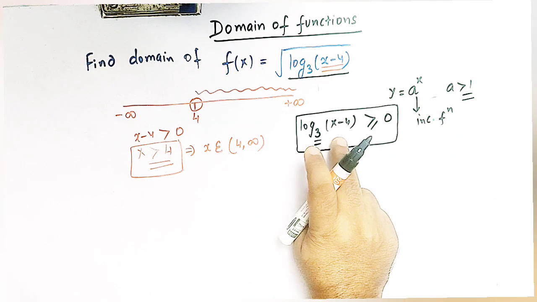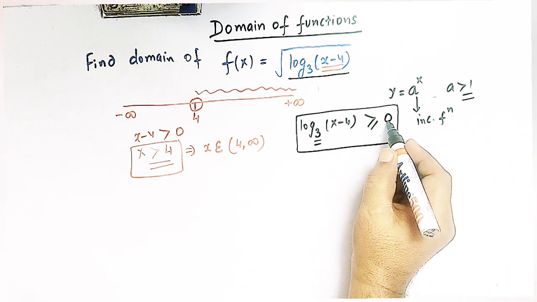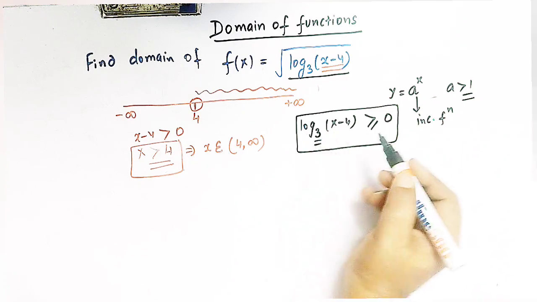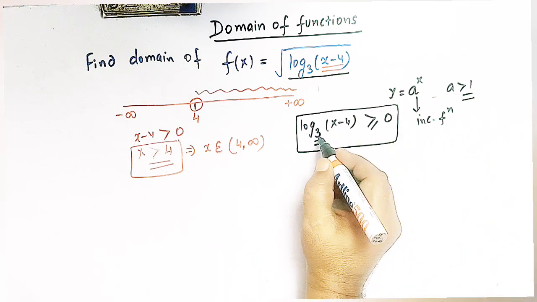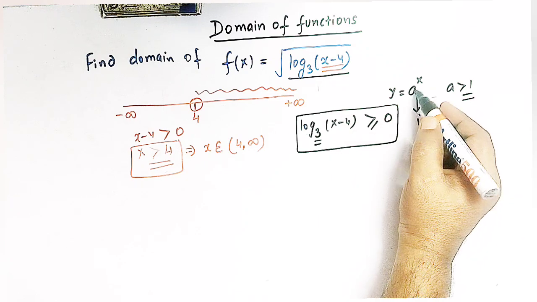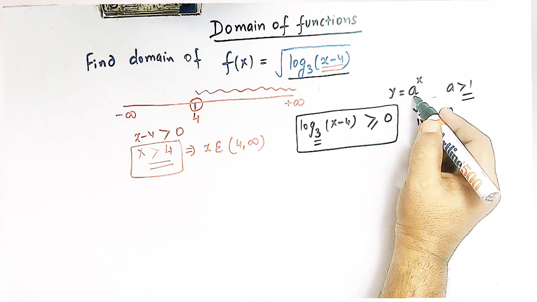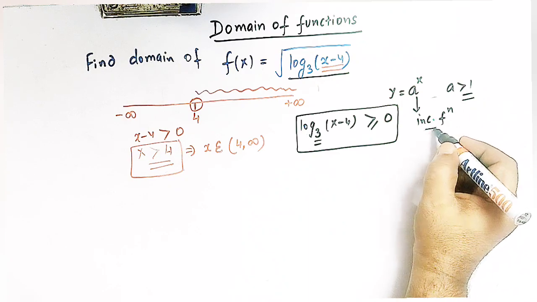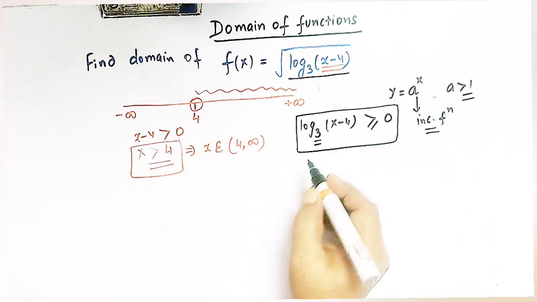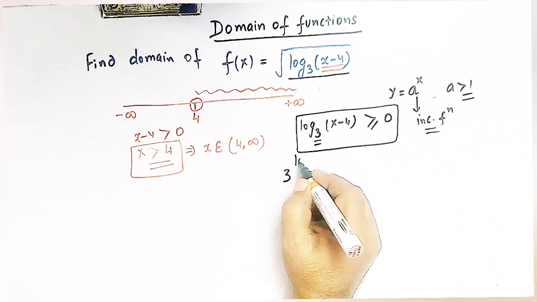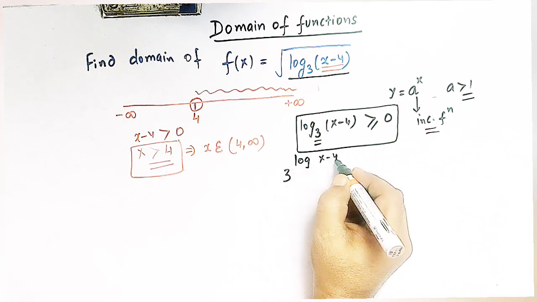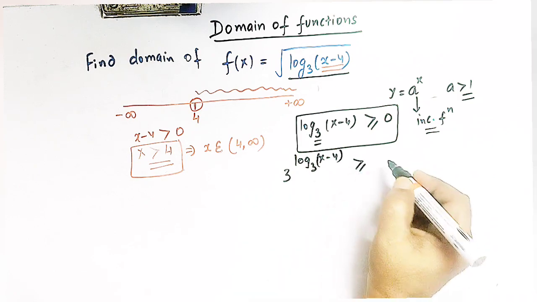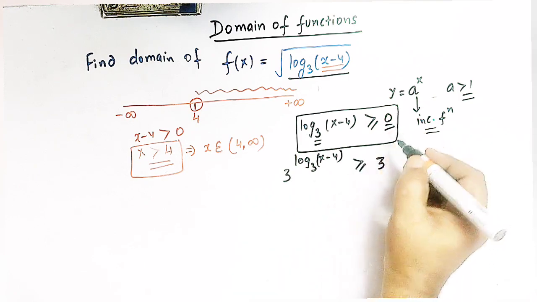So to solve this inequality, we'll raise both these terms, log of x minus 4 to the base 3 and 0, to the power of 3, because the general exponential function y equal to a raised to x, where a is greater than 1, is an increasing function, right? So we'll write 3 raised to log of x minus 4 to the base 3, and here we have 3 raised to 0.